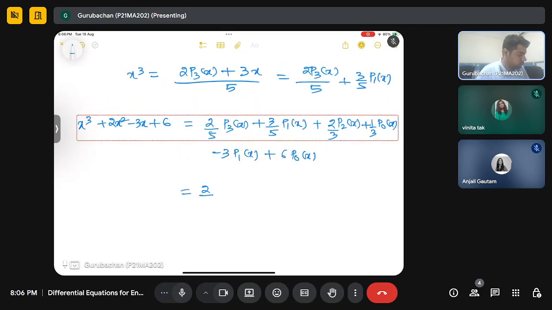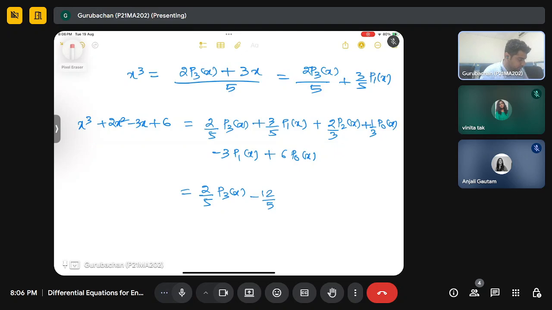So this will be 2 by 5 P3(x) plus, this will give you 15 minus 3, so it will be 12 by 5. So let me write first P2(x).